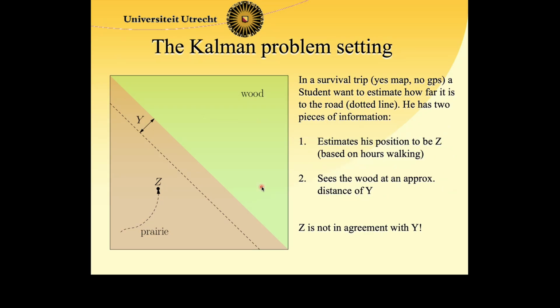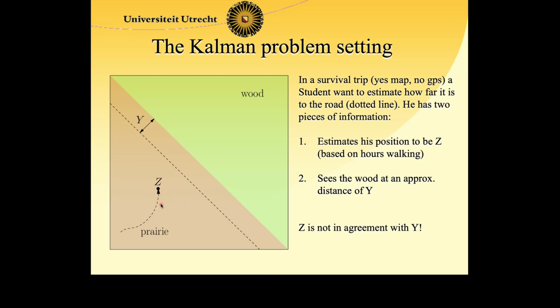So if we would make a sort of more anecdotic example of a Kalman problem setting, you have some simple model. You have some information where you are. You have other information. You want to reach this road here, yeah, and you have the dotted line, so you can go home. You're on a survival trip.